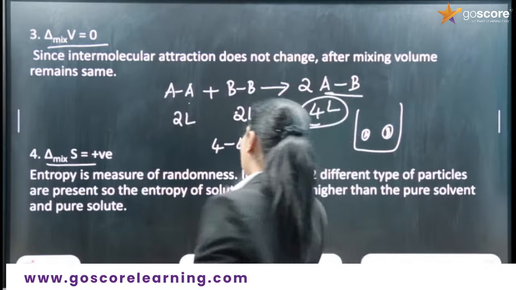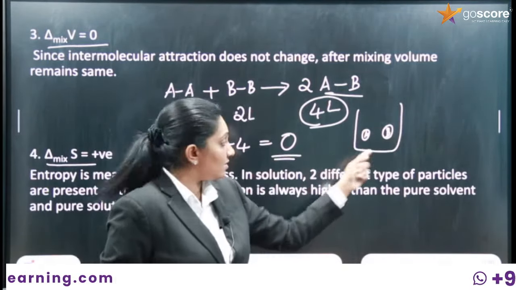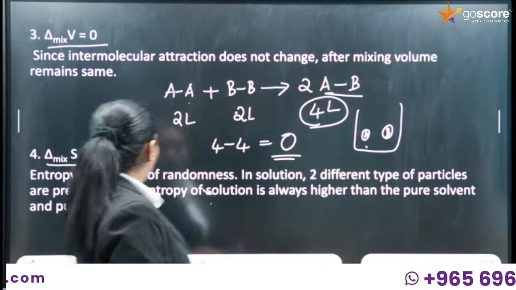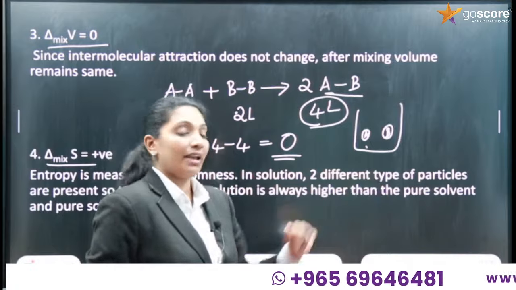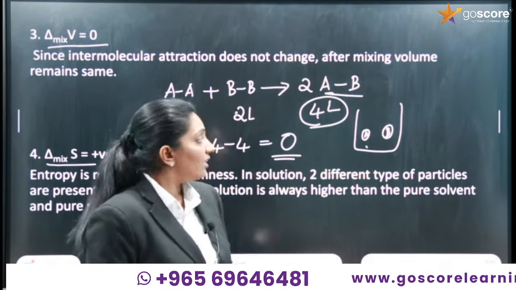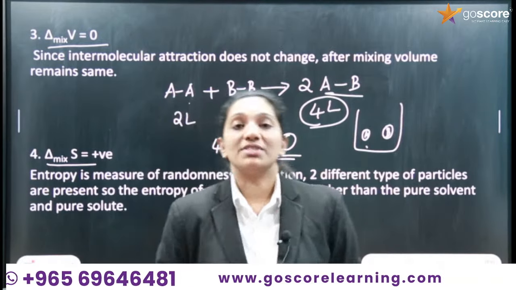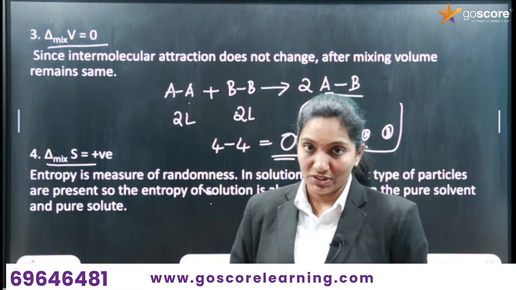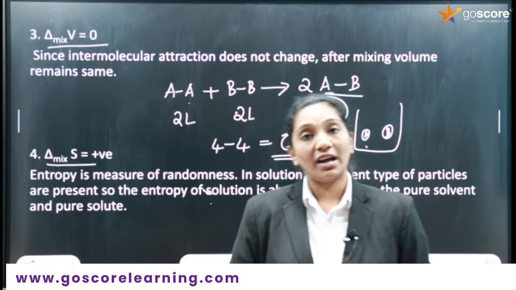Entropy is a measure of randomness. So in solution, there are two different types of particles, A and B. The entropy of the solution will always be higher than the pure solvent because randomness is there, right? So definitely the entropy of mixing will be a positive value for an ideal solution. These are the four thermodynamic conditions that are required for an ideal solution.